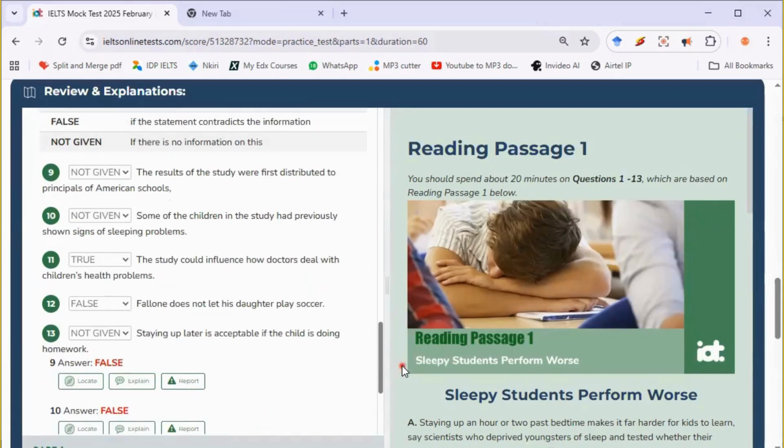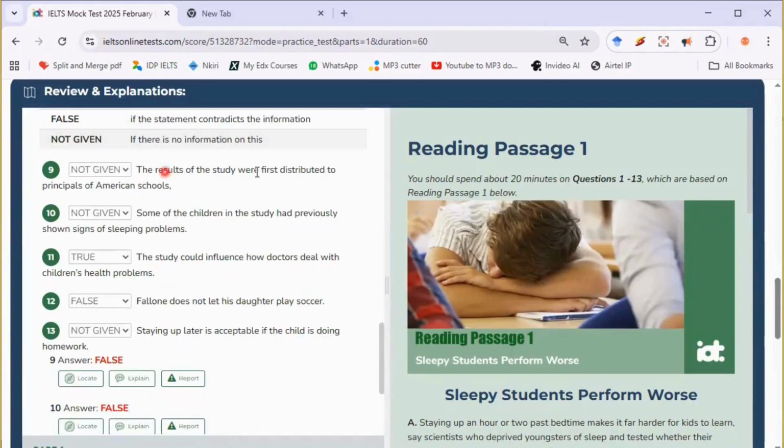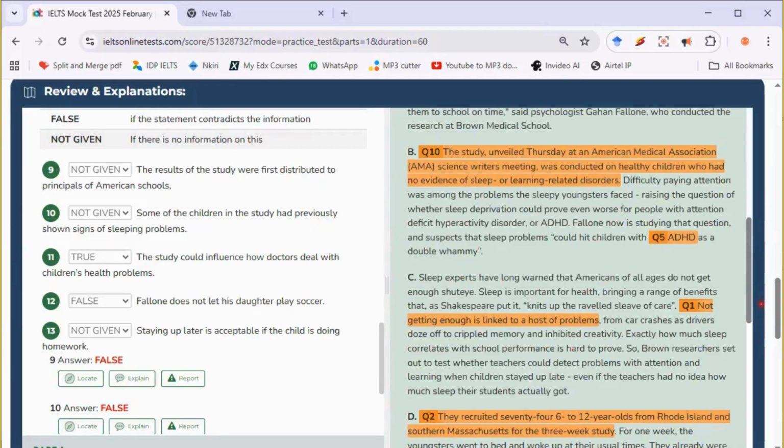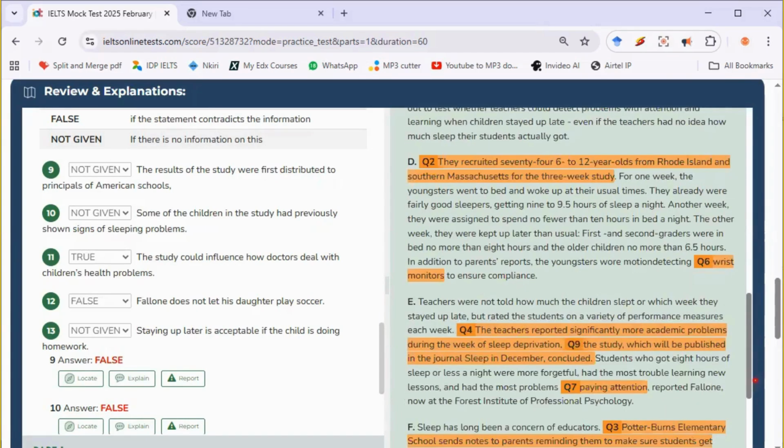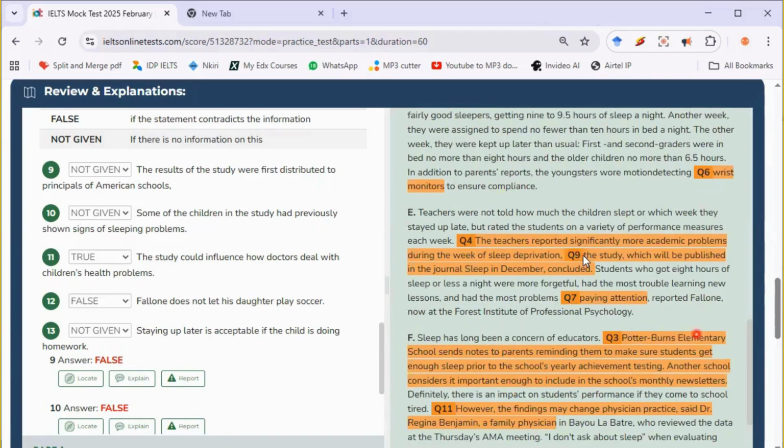So they are telling me that number 9 is false. The results of the study were first distributed. Oh, first. I didn't notice this place. Oh, first. Interesting. Let me check the passage. Number 9. This website will tell me, look at it here. The study, which will be published in the journal Sleep in December.